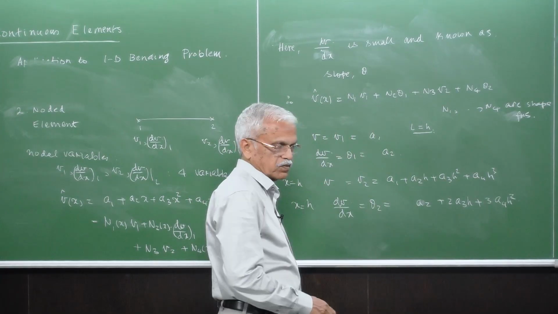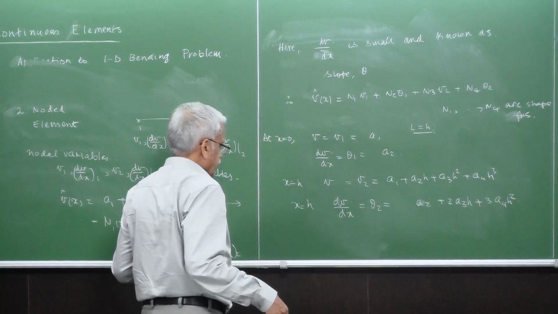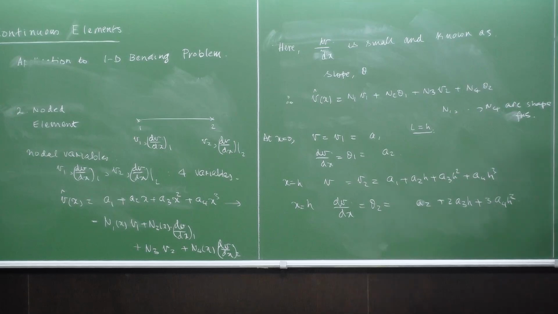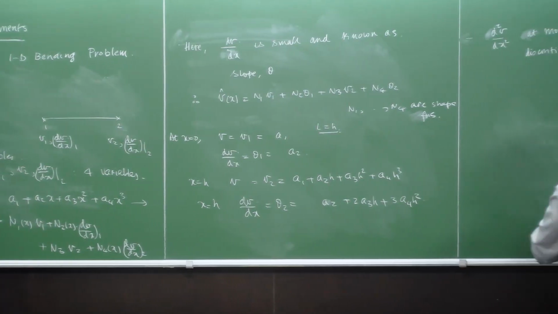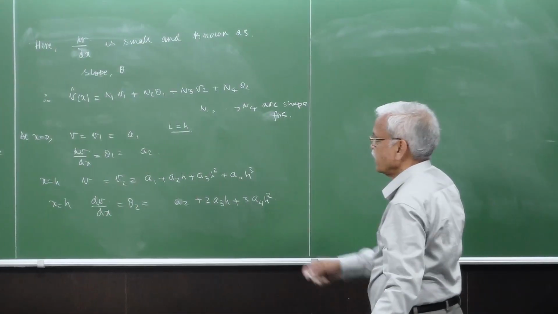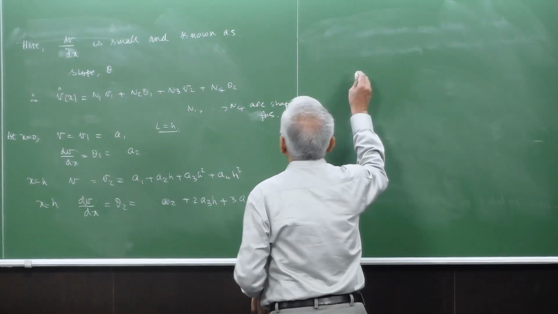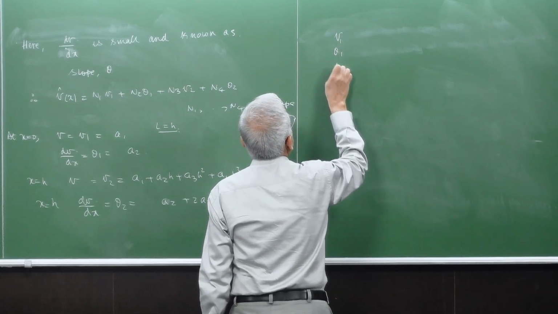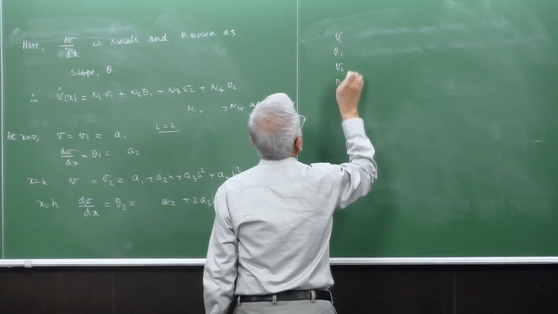So we convert these basic polynomial coefficients into the nodal variables by reformulating them into this equation. So we can write down these things in the form of V1, theta 1 in a matrix equation.